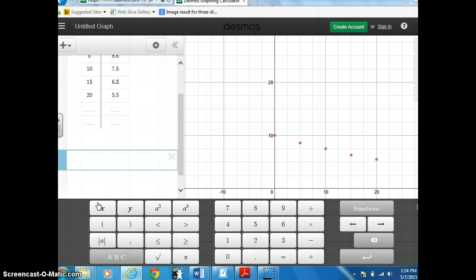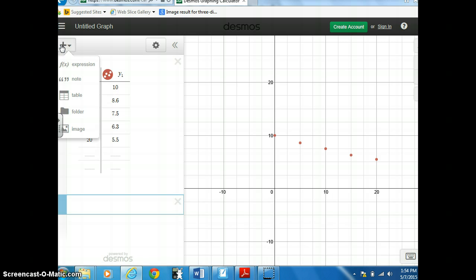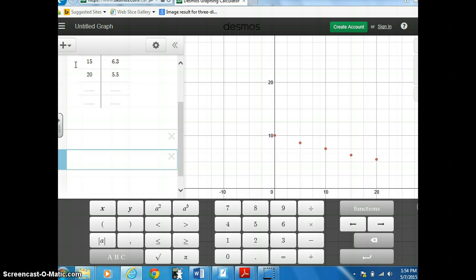To do this, I have to go up to the plus sign, and I'm going to ask it to write an expression. Now this is where it gets kind of sneaky, because our input values are not just x and our output values y, it's x sub 1 and y sub 1. So when I ask it to write my equation, I have to know what equation I want to write.